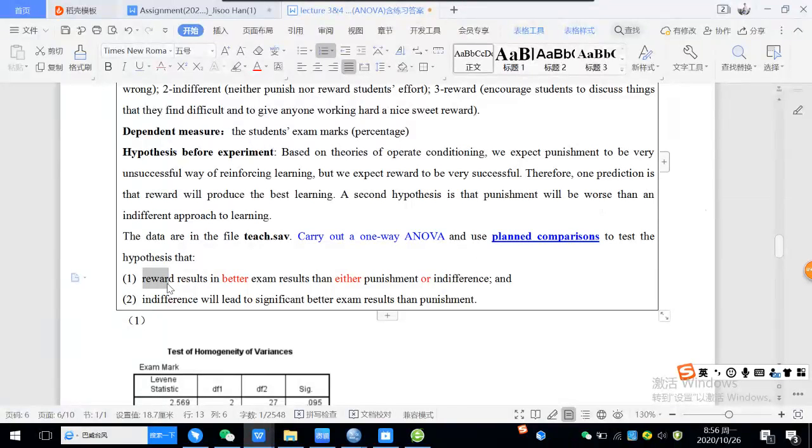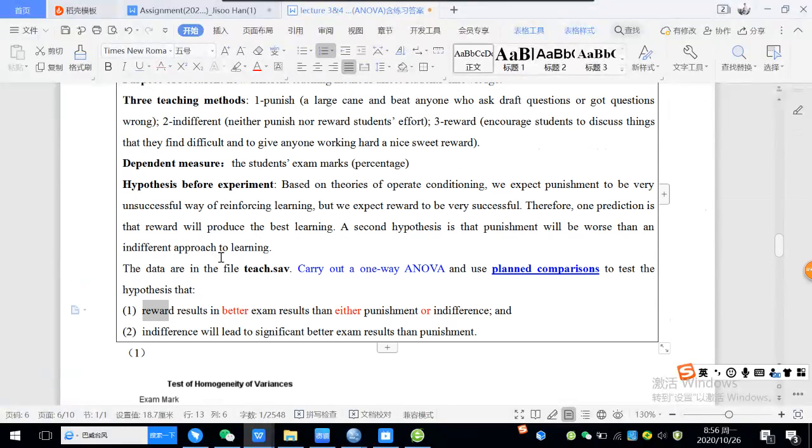Okay, so it's very important for you to know who is the reward. Okay, and here, yes, look here. Punishment 1, indifference 2, reward is 3.